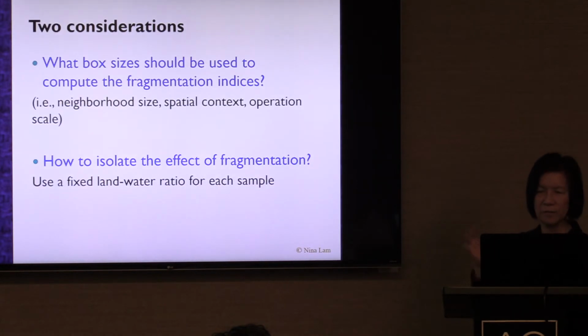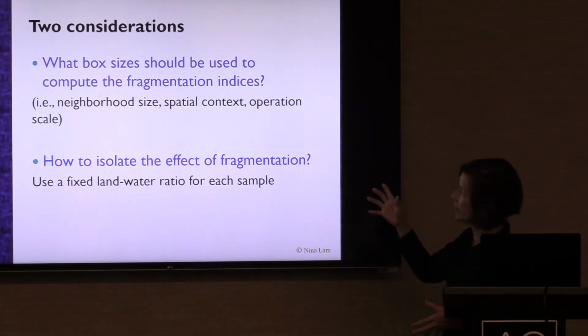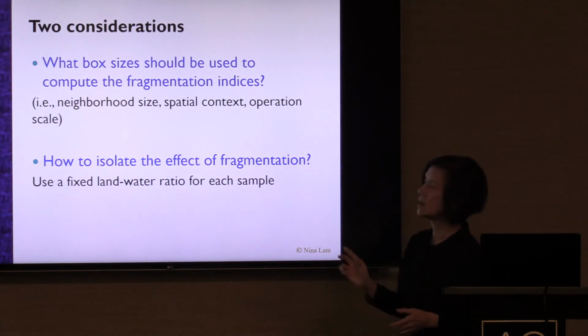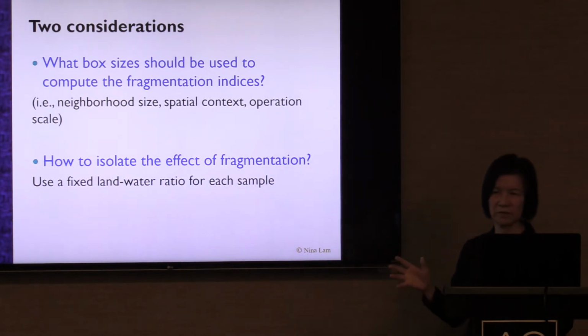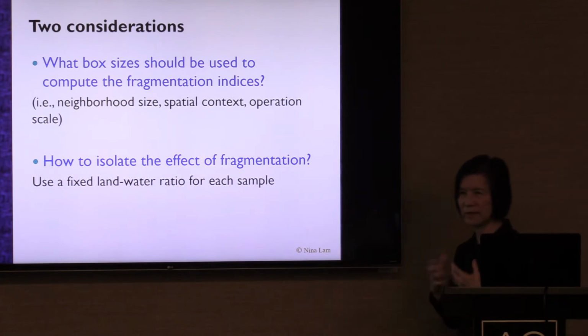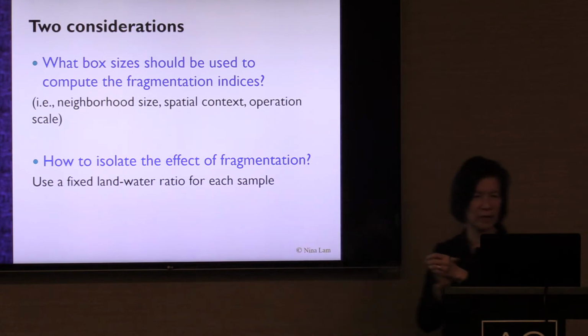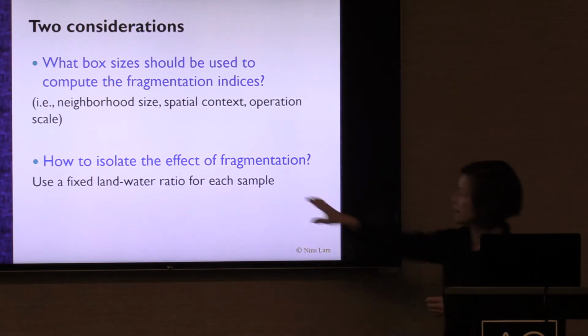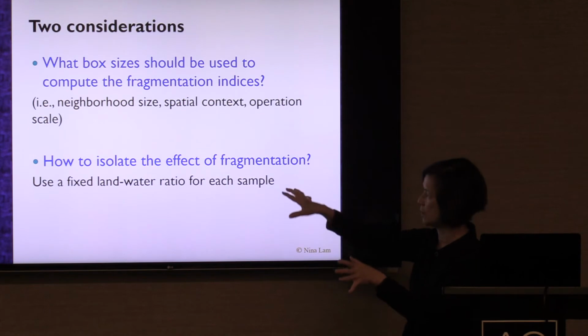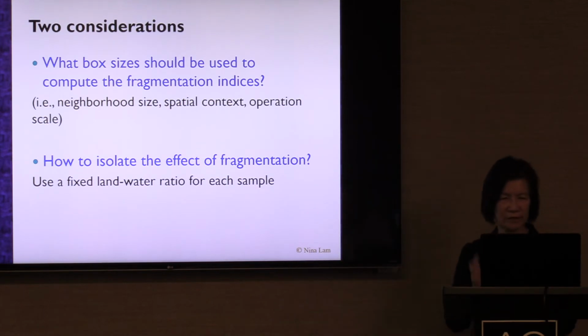So the very first thing that we faced is what box size should be used to compute the fragmentation index. Because when we calculate fractal dimension, it's not just one pixel; you have to have a neighborhood to calculate it. And then the other issue, which is not quite related to scale, is how to isolate the effect of fragmentation.